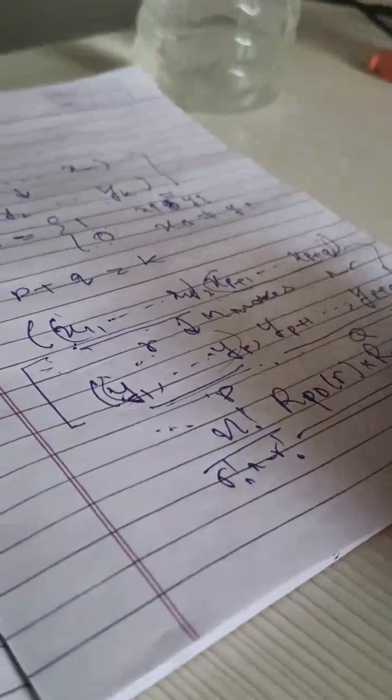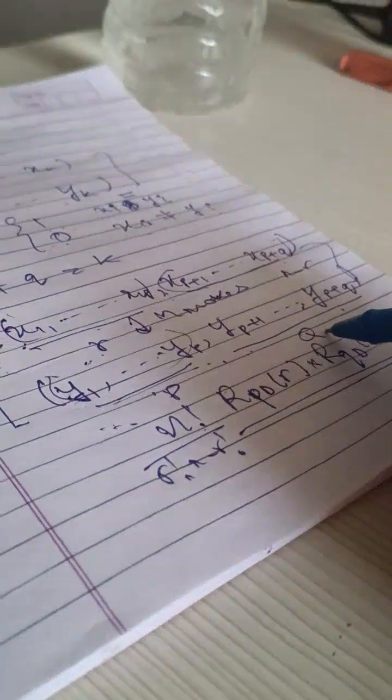There are r p moves and n minus r q moves. Now there are nCr ways to arrange these r p's and n minus r q's.